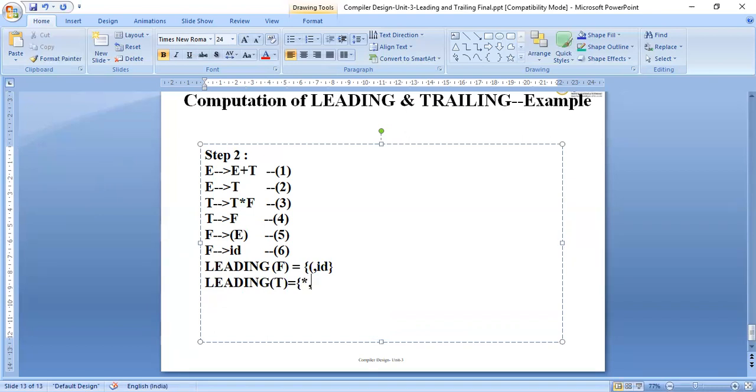And nothing is there as per rule 1. As per rule 2, what is the first left non-terminal symbol?